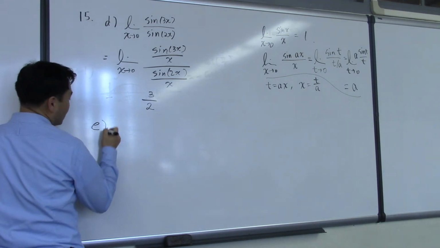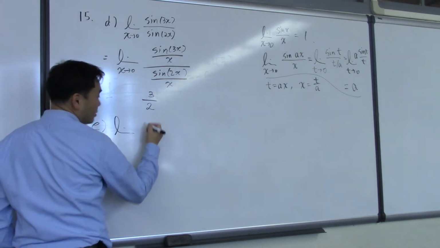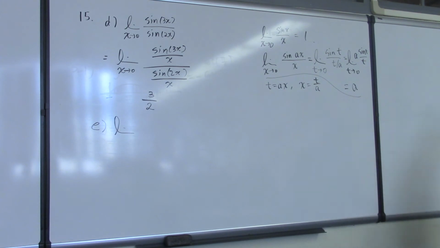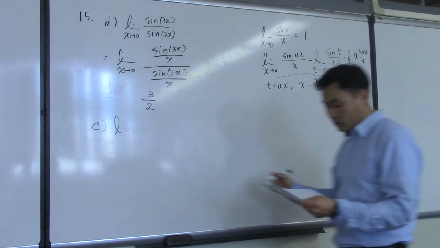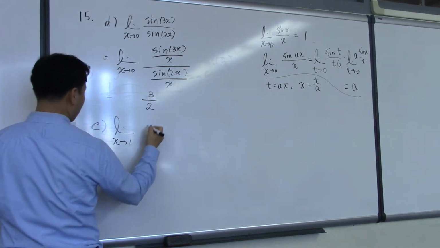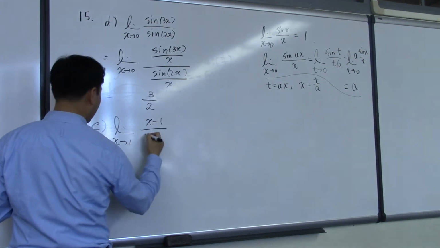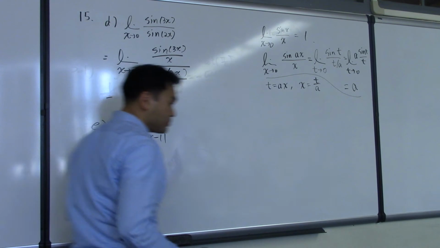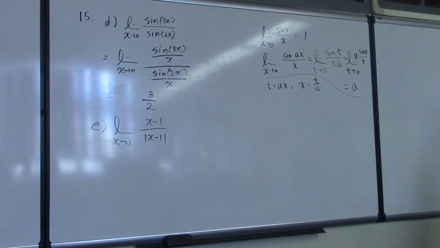Now for 15E, the limit, what was it? The limit as x goes to 1 of x minus 1 over the absolute value of x minus 1. Now, this is a totally different type of question.